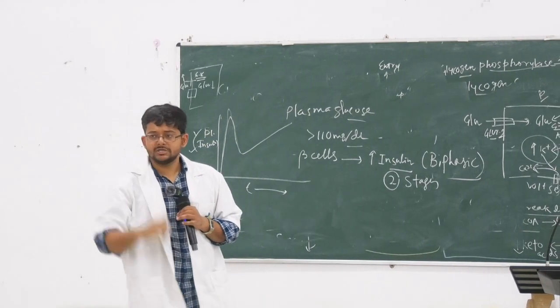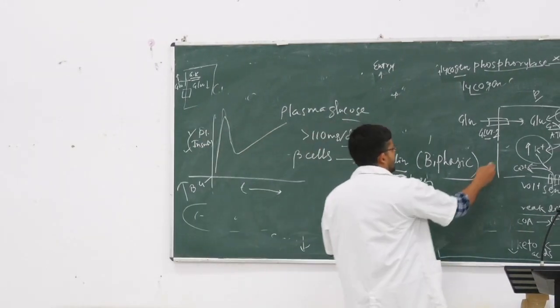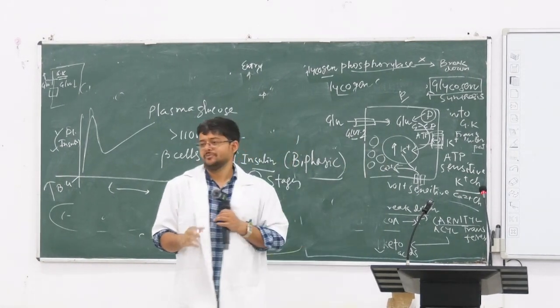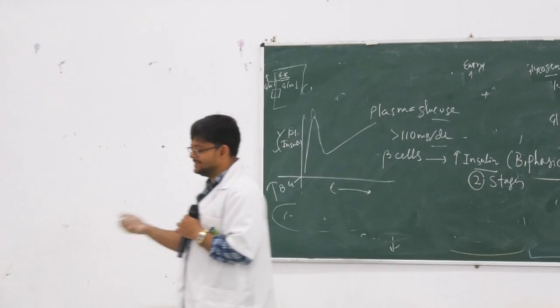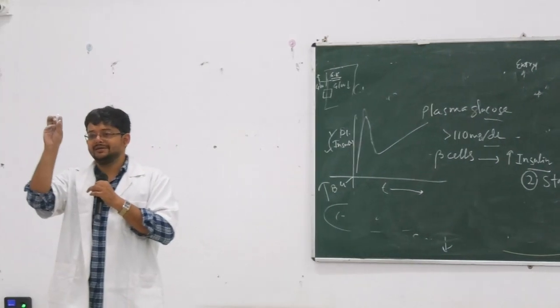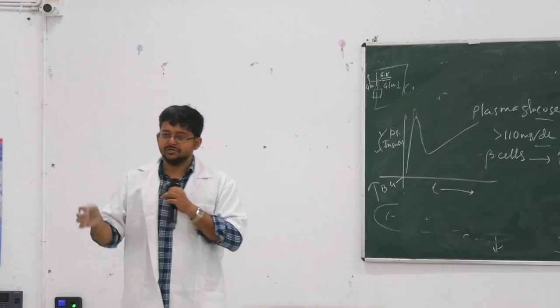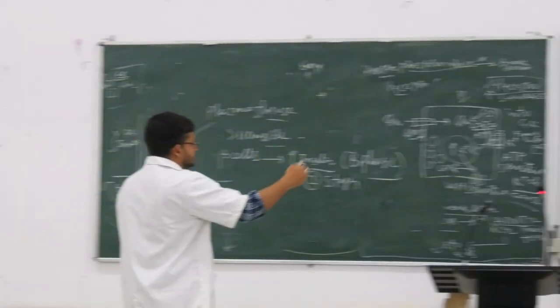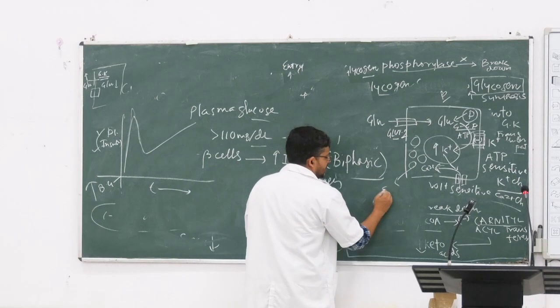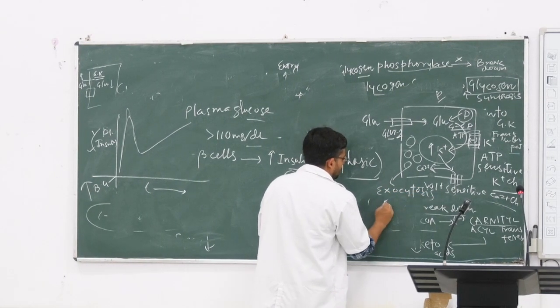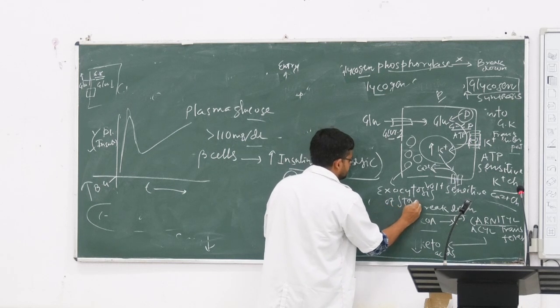As intracellular calcium level goes up, we already have insulin, preproinsulin, proinsulin, C-peptide, all these are already present in vesicles. So the moment calcium comes up, there will be exocytosis of stored insulin.